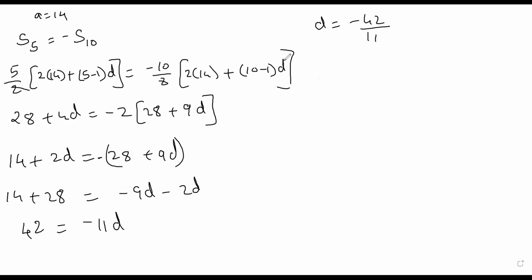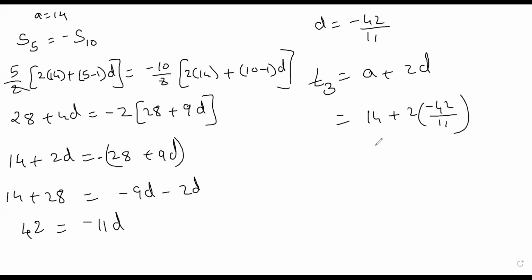Now you have got A, you have got D, you have to find out T3. T3 is A plus 2D. That is, A is 14 plus 2 into minus 42 by 11. So it is (154 minus 84) upon 11.